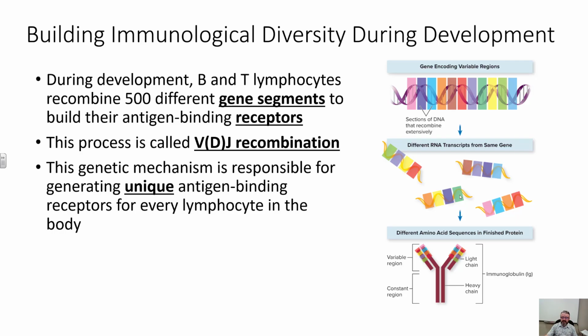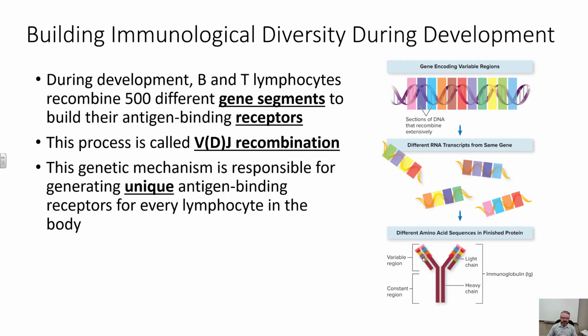And what that does is each receptor then ends up with a unique configuration so that it can bind to almost any infinite variety of antigens. So what the body does is it builds a wide variety of receptors in anticipation of almost any antigen that you could be encountered with at some point in the future.